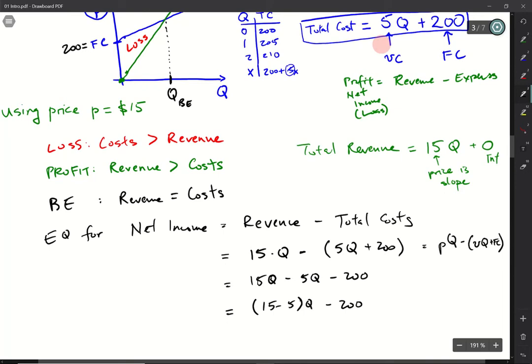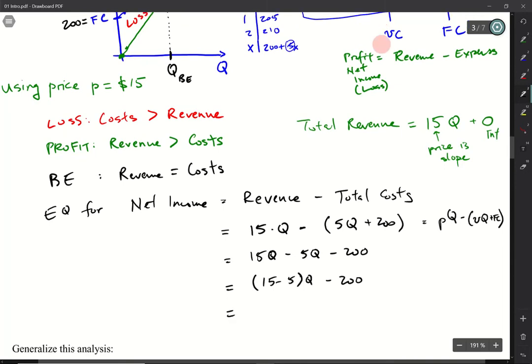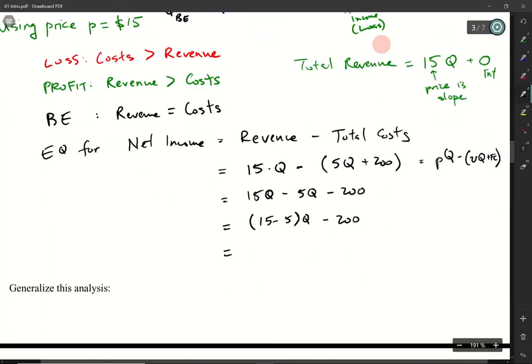Right, so we can actually move things around, say net income plus 200 is equal to 15 minus 5 times Q. And so we actually have Q is equal to net income plus 200 divided by 15 minus 5.